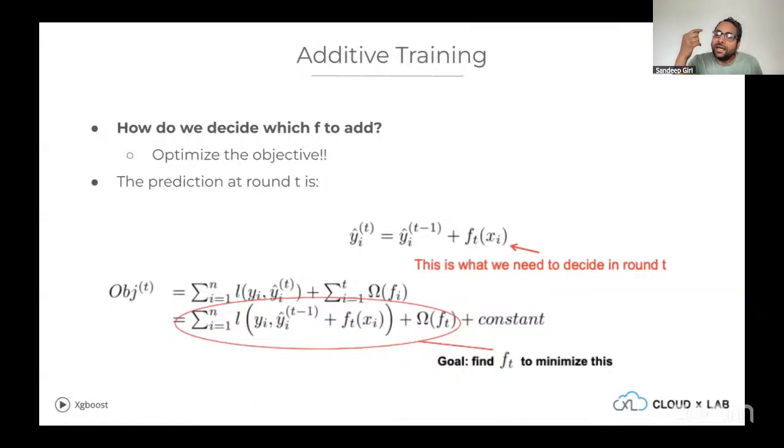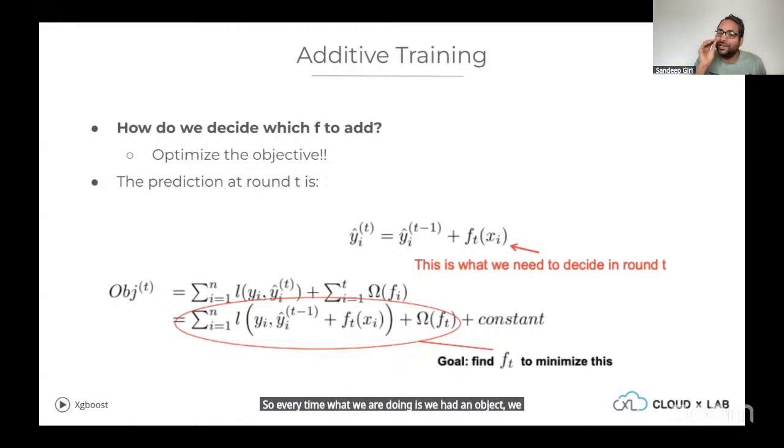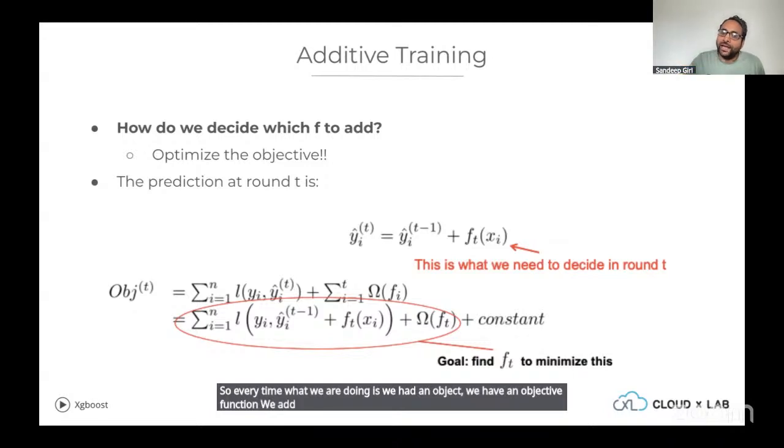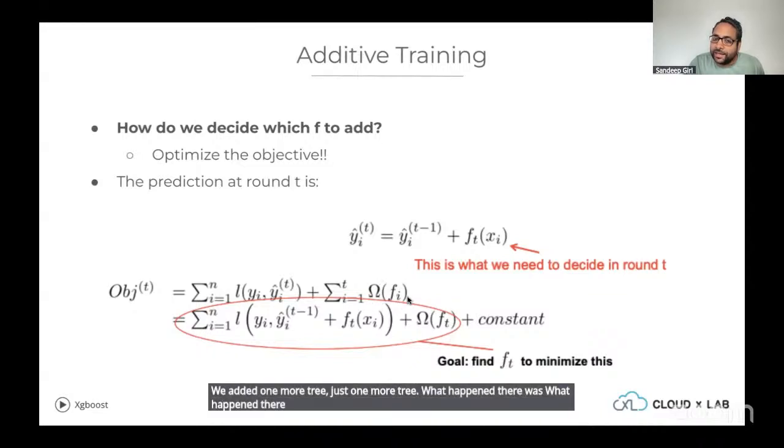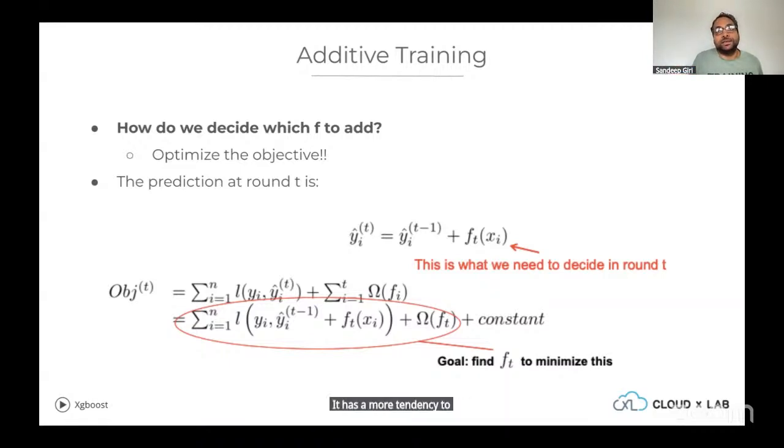So every time we have an objective function, we add one more tree, just one more tree. Because of adding one more tree, the regularization term will increase, correct? Because we added one more split. When we add one more split or one more tree, it has more tendency to memorize, and therefore the regularization loss increases.